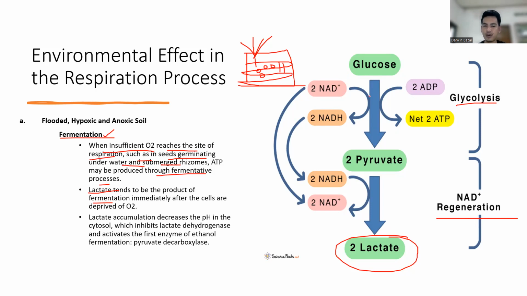So kapag nagkaroon ng conversion of the 2-ADP and 2-ATP, there is a release of what we call 2-pyruvate. Okay? And another one, pwede namang mag-shortcut wherein the 2-NADH will release 2-NAD+ to produce 2-lactate. That is the process of NAD+ regenerations.